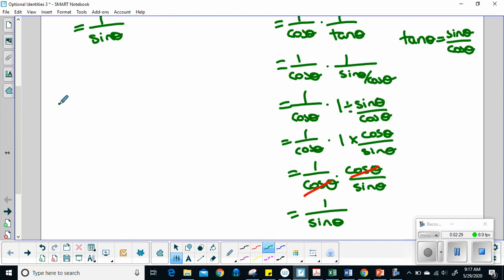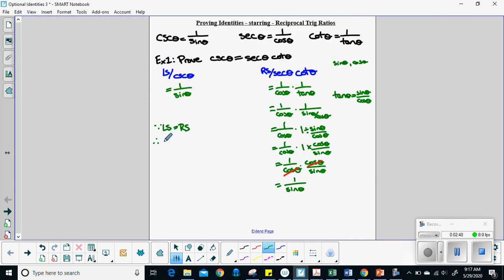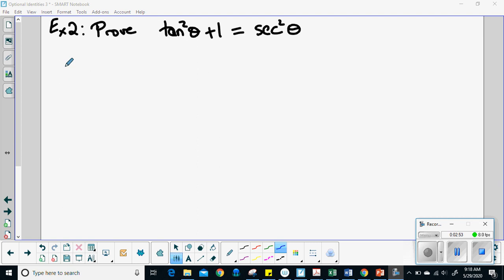Right side, left side. Since left side equals right side, therefore, what was my whole fraction? Let's check that again. Cosecant angle equals secant angle times cotangent angle. QED. Fabulous work.